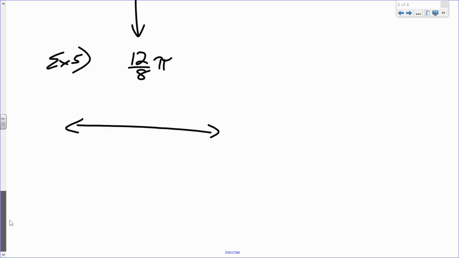The first question you always want to ask yourself is, how many pi's do I have? 12 divided by 8, is that 1.5? As a decimal, yes, so it's really 1.5 pi's. So it's 270 degrees. Exactly. 1.5 pi. Draw the loop. Done.